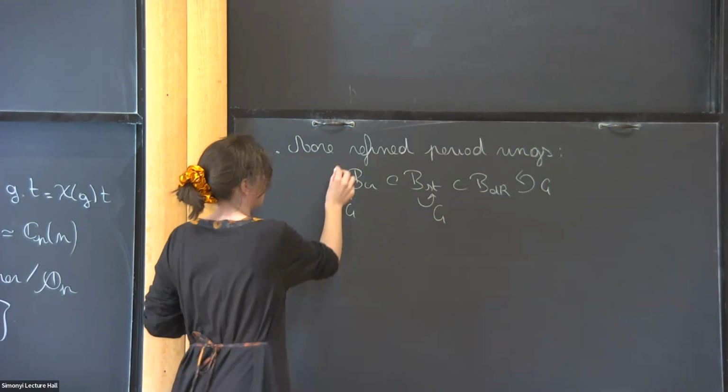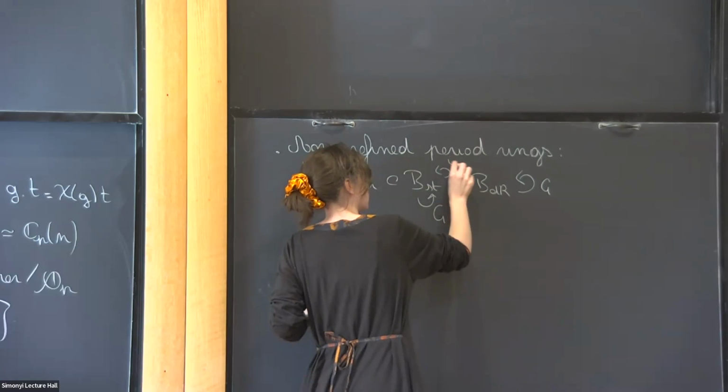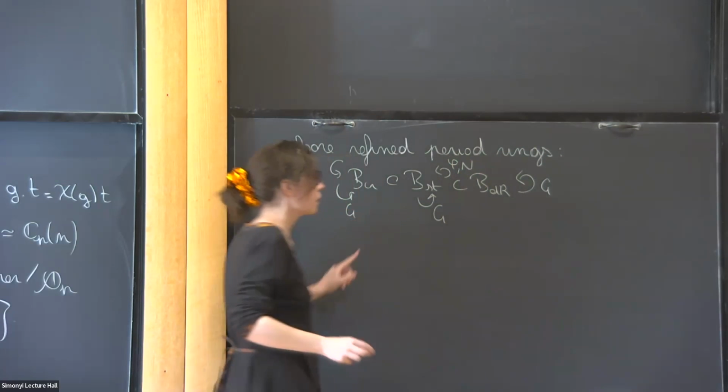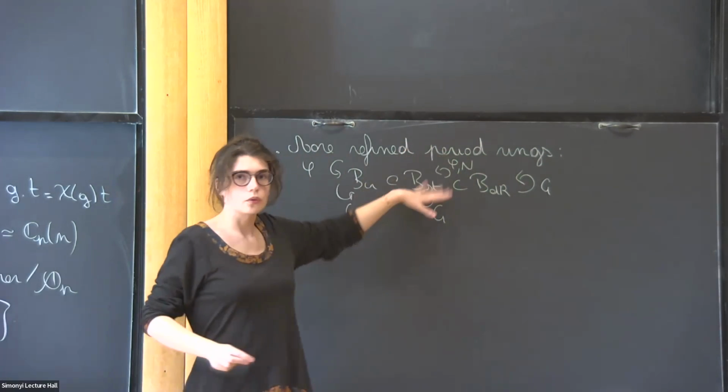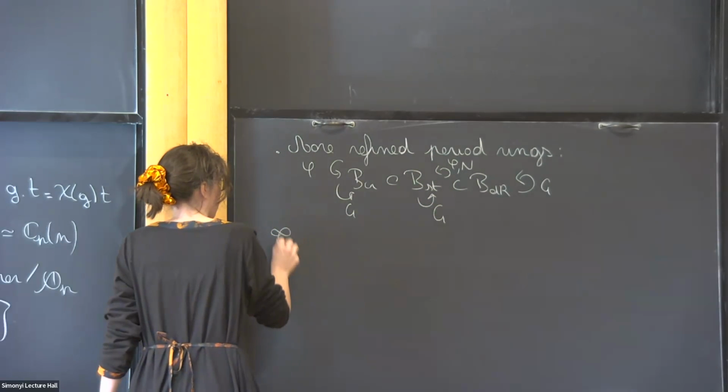But on B_crystalline, we also have a Frobenius. And on B_semi-stable, we have a Frobenius and a monodromy operator. Using all of those structures, we can prove something better.